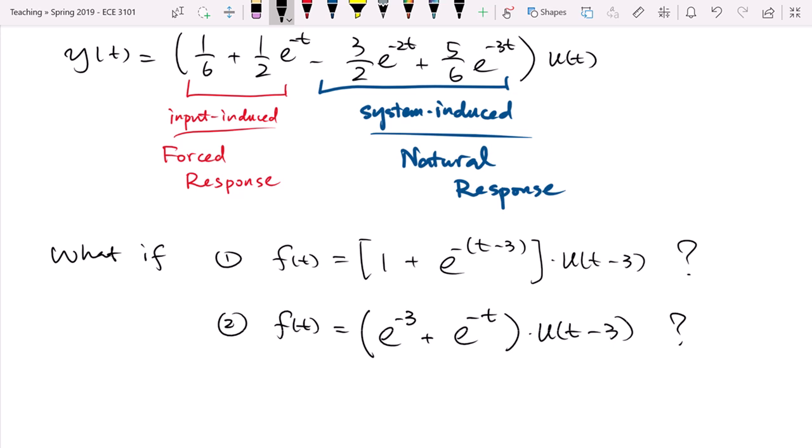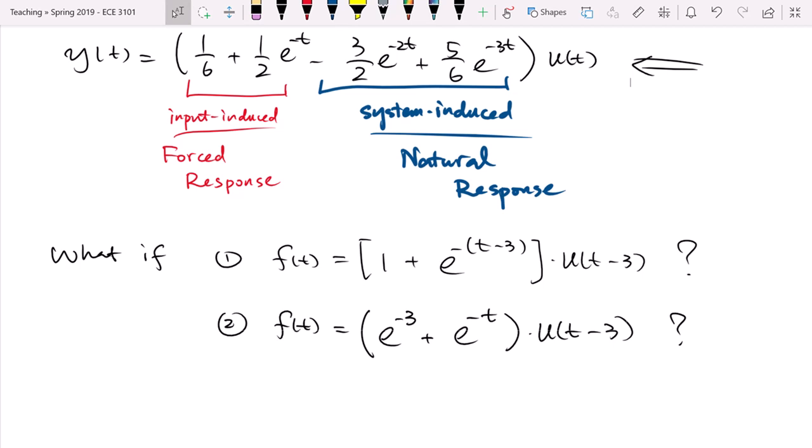Can you find a solution to both of these questions by reusing what we have solved above and applying the property or the assumption that the system is linear and time invariant? Okay. Think about how we utilize this.